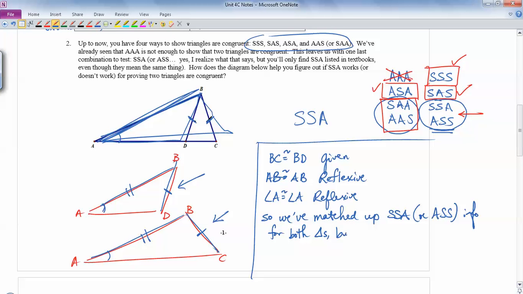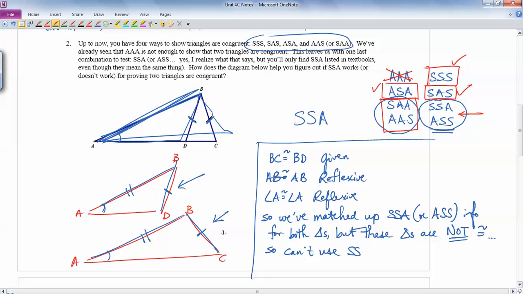But these triangles are not identical to each other. They're not congruent. So we can't use SSA or ASS to prove triangles are congruent, because it's not guaranteed that they'll be congruent. You could end up with two different ones.